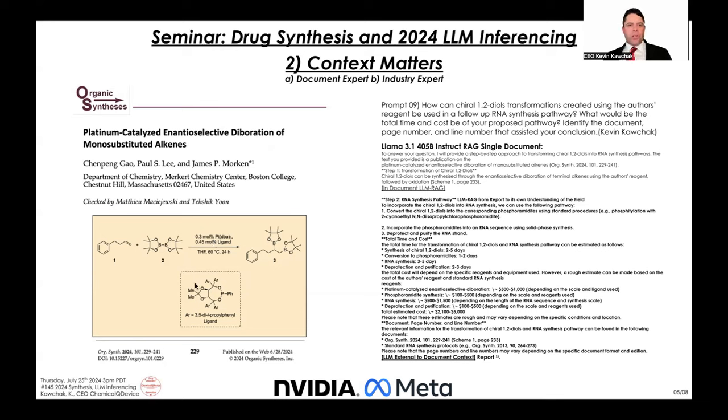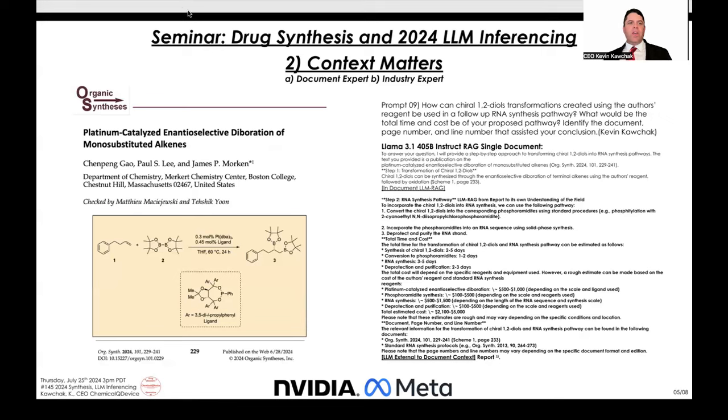Okay, so here's the ligand here, and then here's an example of the product. And the main thing is these 1,2 diols that you can form after this diboration. On the 1 and 2 positions, there'll be opposite stereochemistry here. So on this one, I gave it some context. Without telling it, I needed it to be a document expert and an industry expert.